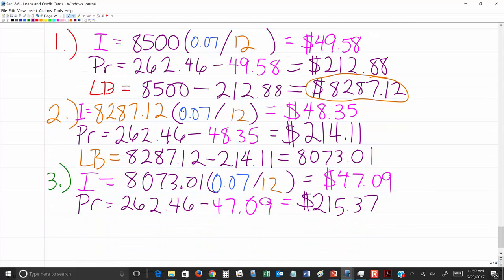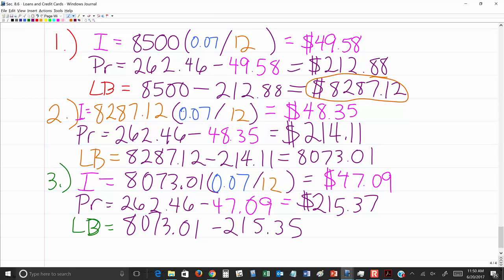And then your new balance after that payment is applied: take the previous balance, $8,073.01 minus $215.37. Now you have $7,857.64.